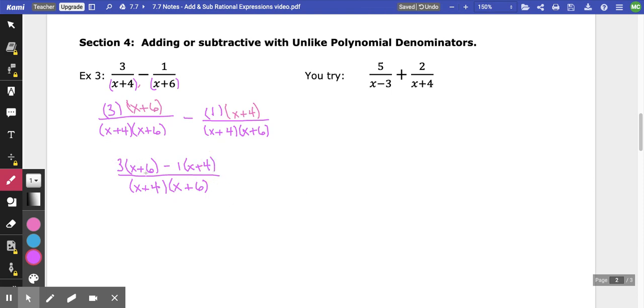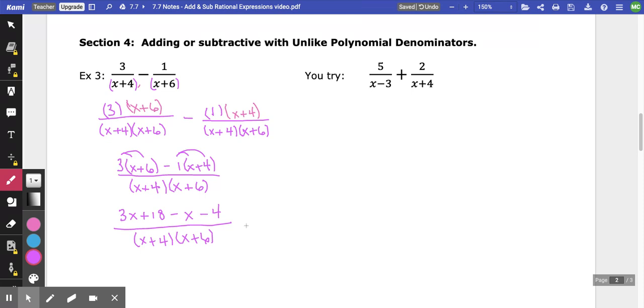Now I'll simplify each of those little pieces. This 3 has to get distributed, so that would be 3x + 18. For the second one, I'm distributing a negative 1 to each term, so that would be minus 1x, or just minus x, and a negative 1 times 4 would be minus 4. The common denominator stays the same.